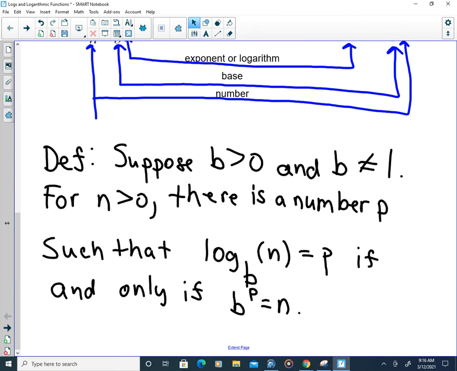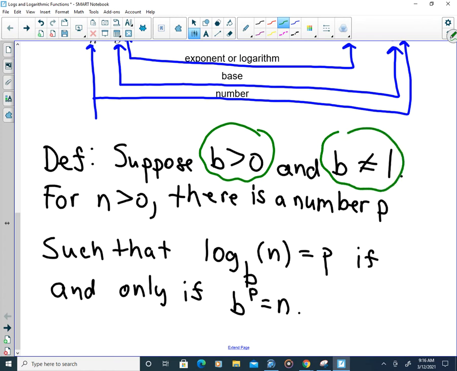So there's some important things we should examine here. Your base has to be greater than 0, and it can't be equal to 1. That's important to remember. We're going to be using it throughout the whole chapter. The base has to be greater than 0 and not equal to 1.